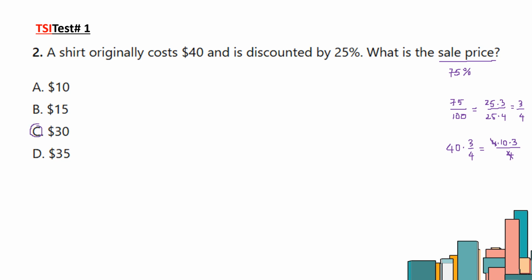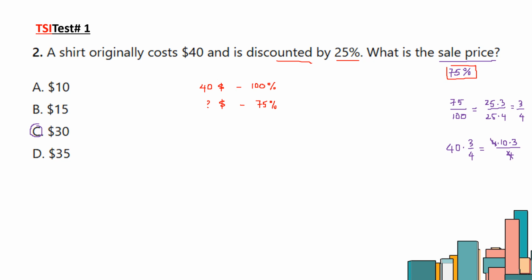Or we can use another method. We know that $40 is 100% of the price, right? So we want to ask how much the sale price is if we sell it at 75%. We know it is discounted by 25%, so the sale price percent is 75.